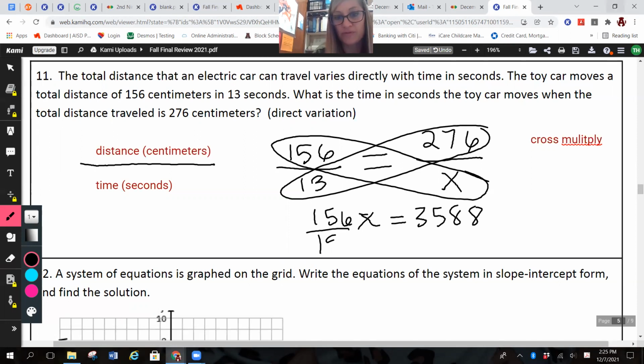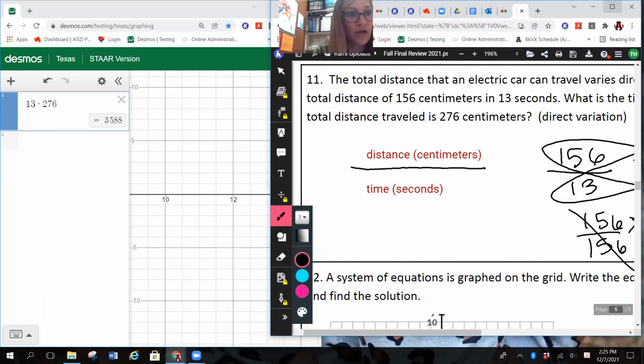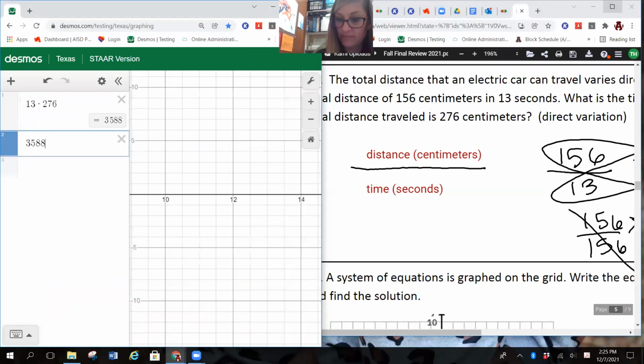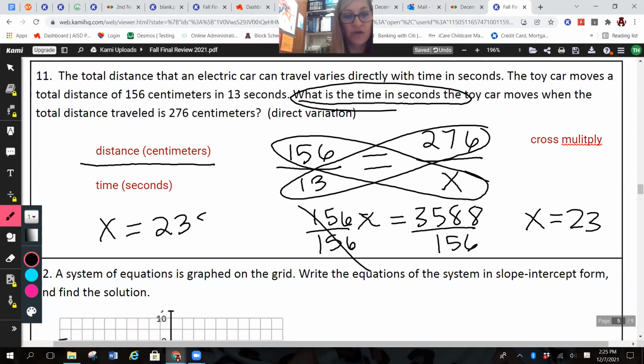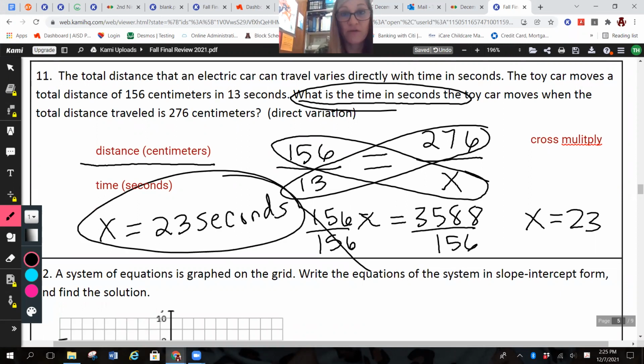I'm going to divide both sides by 156. 156 is x, and 3588 divided by 156 is 23. So, what is the time in seconds? The time is 23 seconds. Final answer.